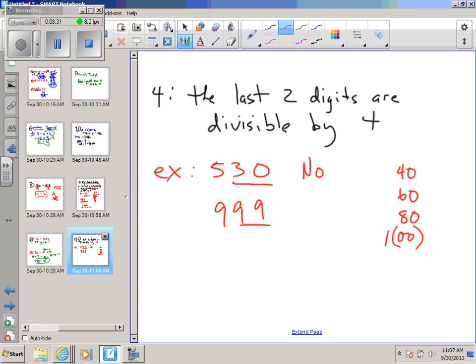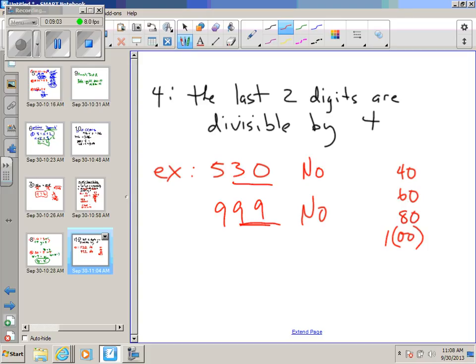So if I'm looking at 99, I can either count backwards by 4s from 100 and say, well, 4 from 100 is 96. 4 from that is 92. Or I can count up from 80. What's the next multiple of 4 starting from 80? 84. Then 88. Then 92. Then 96. Then 100. Does 99 work? No. So you can use those benchmarks to help you out.